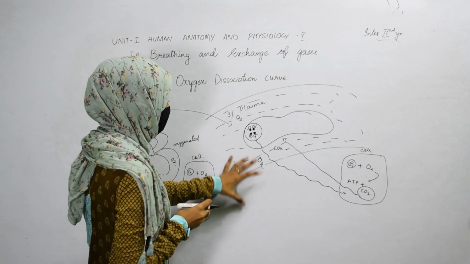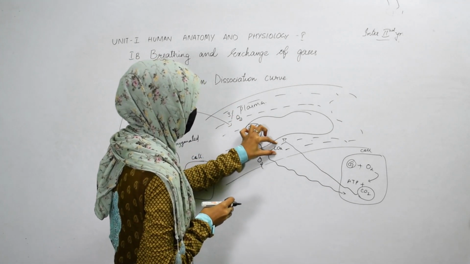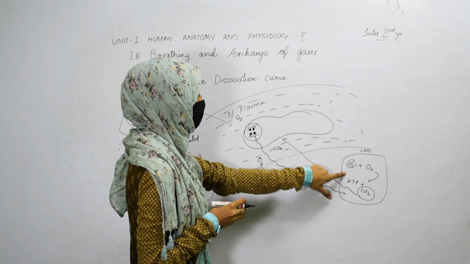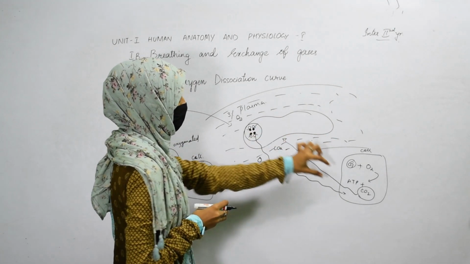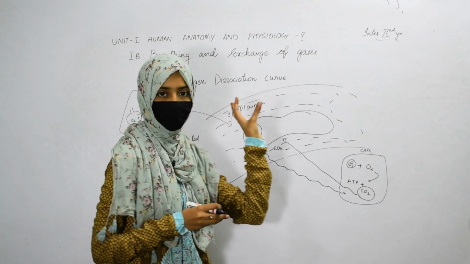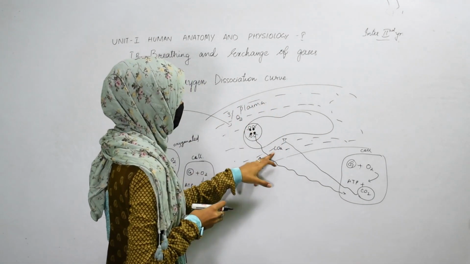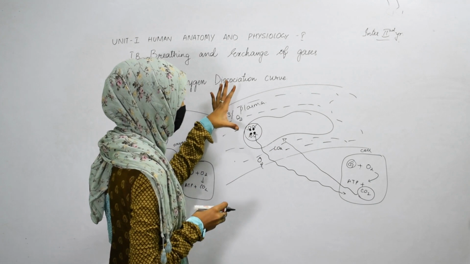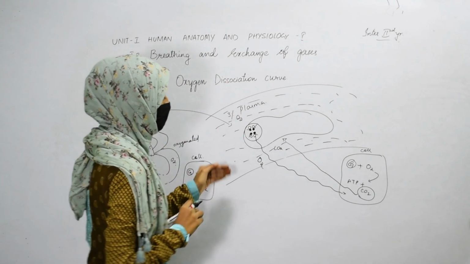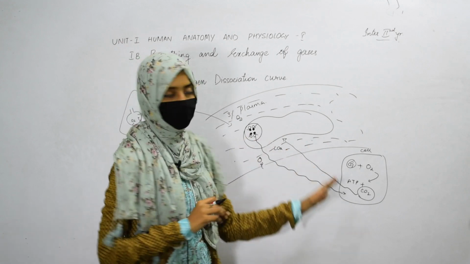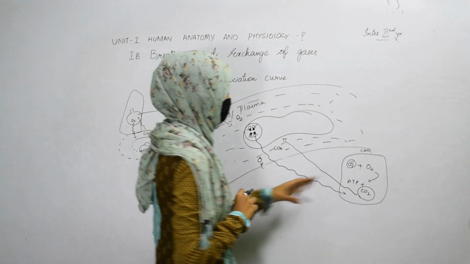In this way, if a higher concentration of carbon dioxide is present in the cell, the cell transports that carbon dioxide into the blood vessels. Once the carbon dioxide concentration is higher in the blood vessels, the hemoglobin releases the oxygen, and that oxygen can enter into our cells or tissues.